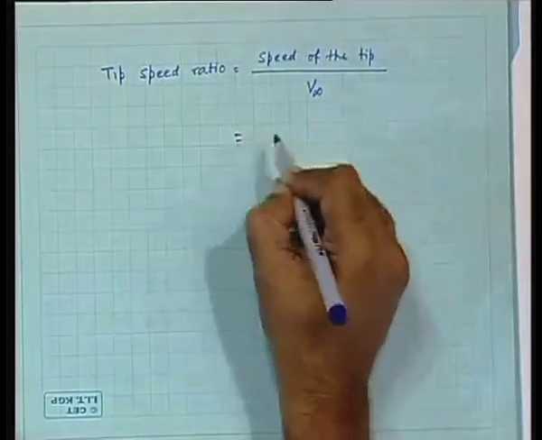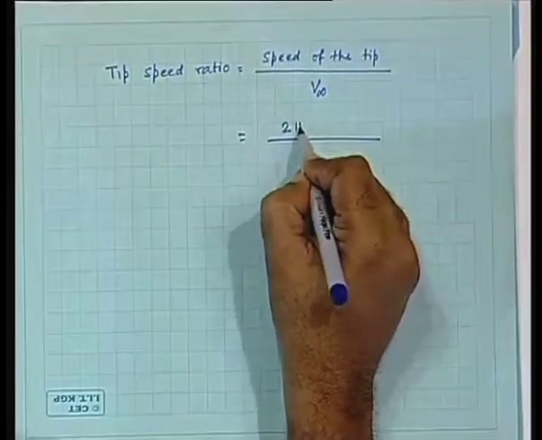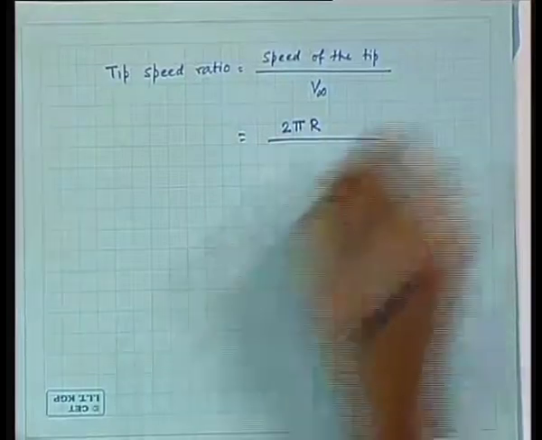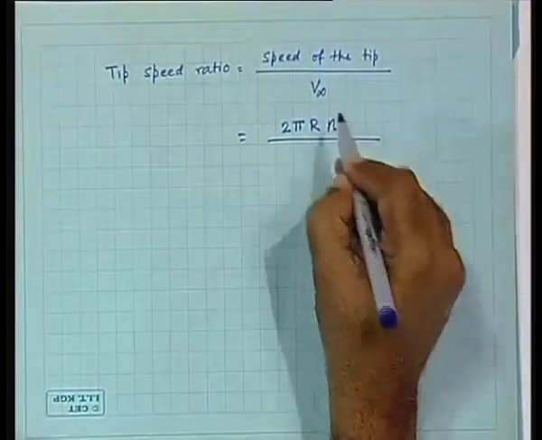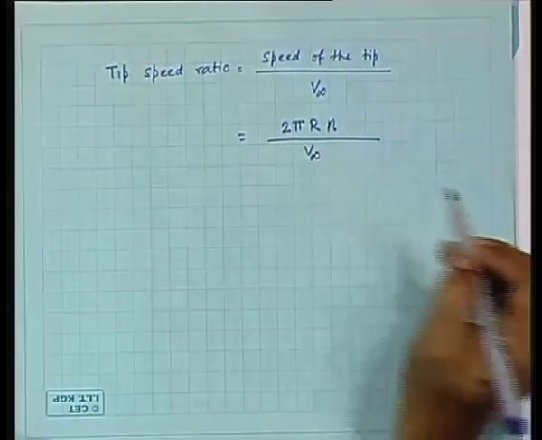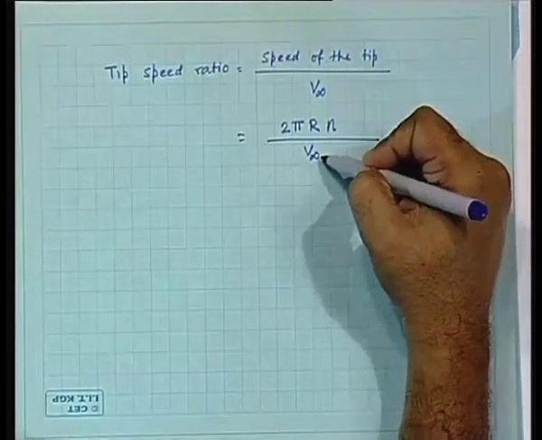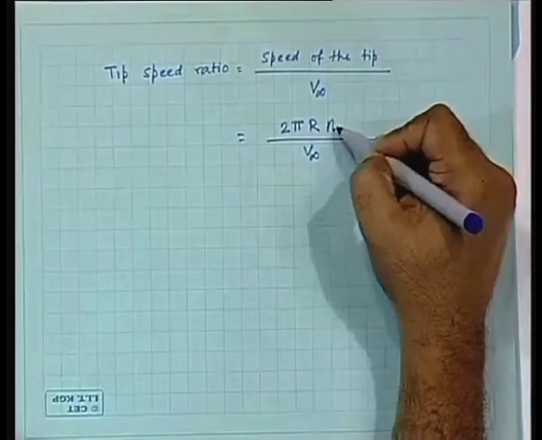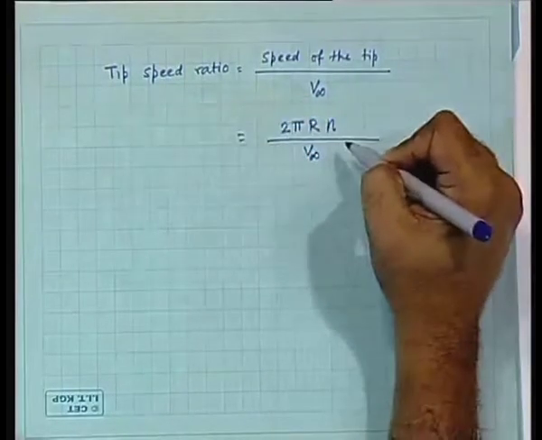So what will it be? That will be 2 pi r, the radius, into n, the speed in RPM, divided by V infinity. Now notice that as the wind speed changes, if the speed of rotation remains constant, then the tip speed ratio changes.